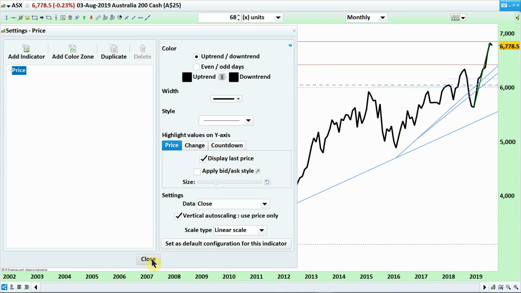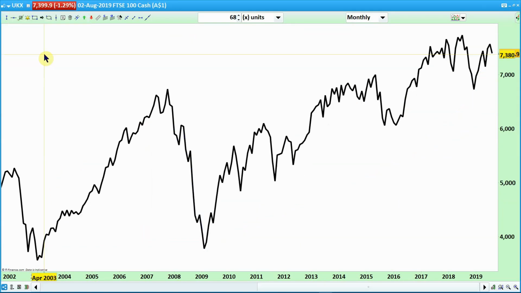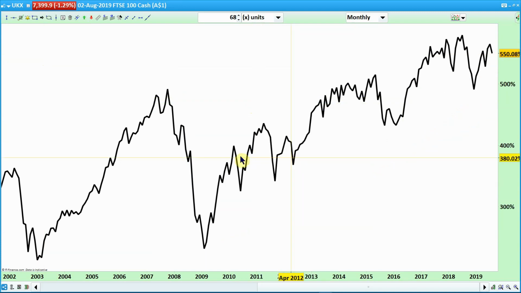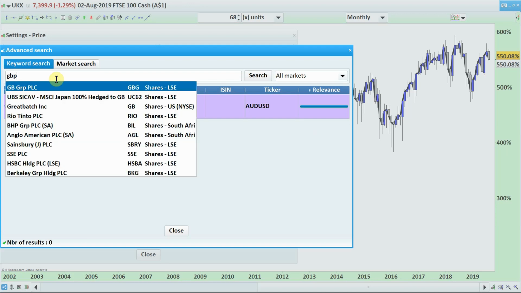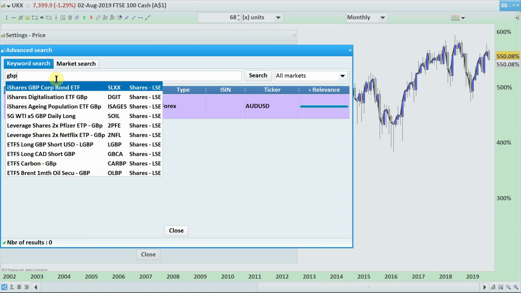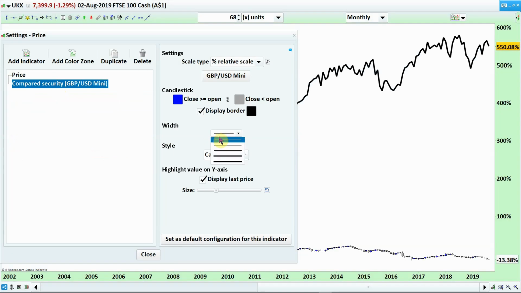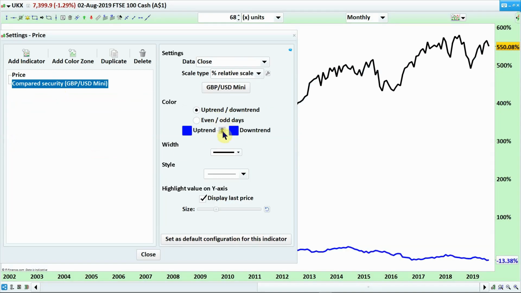So we'll try cable and FTSE. FTSE is in black in front of us, and then we'll do GBP USD. We have to write USD. GBP USD, we'll make this blue, and then linear.